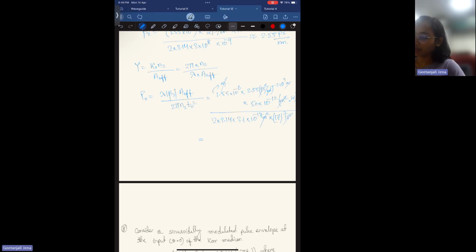Now the final value will be, so let me recheck whether the answer is correct or not. 1.55, 10 to the minus 6, 2.55, 50, 3.14, 3.1, 17 square, 10 to the 3.